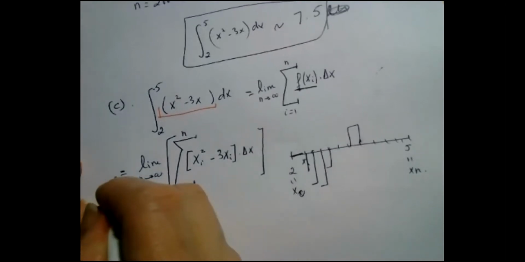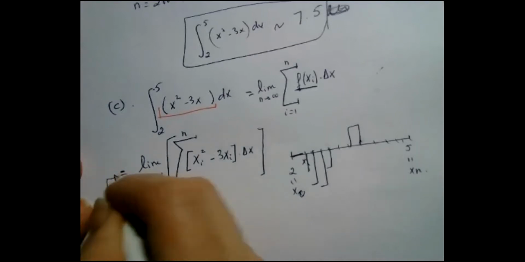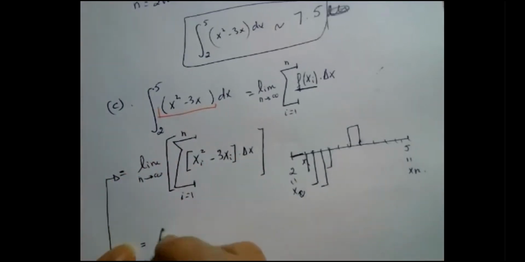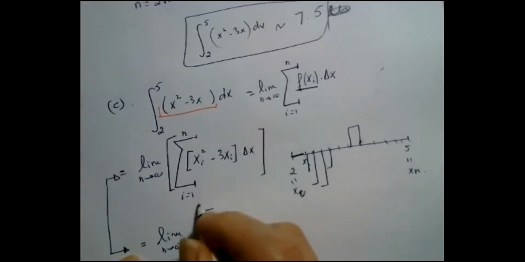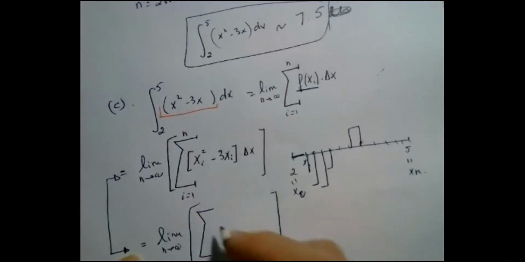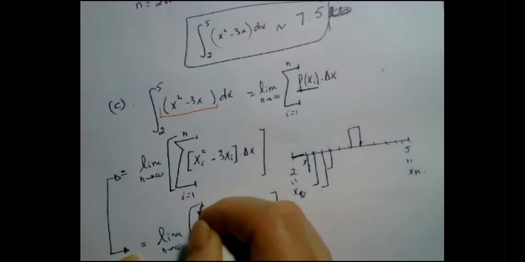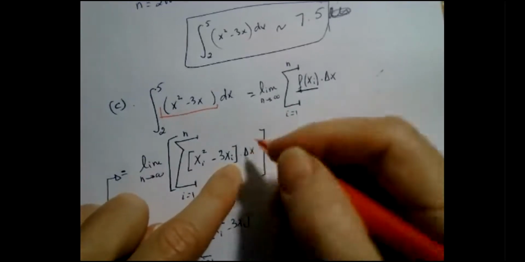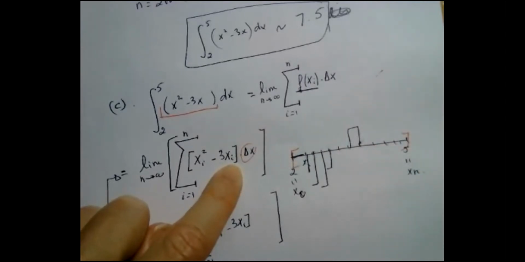Which is the same as, so when I tell you to write it using Riemann sum, I expect you to write it in two ways, this and that. What does this tell me? It's the same thing, but here I'm going to emphasize what the delta x is. The delta x every time is going to be the length of the interval divided by n.